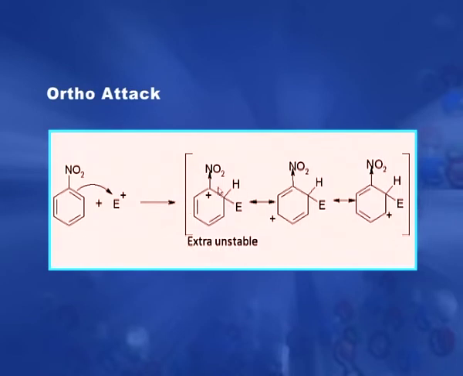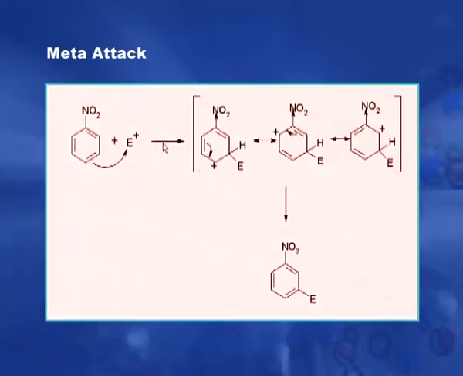So, the contribution of this structure towards resonance decreases. So, out of these three, one is less stable. But if we see the meta attack of an electrophile, these three resonating structures are formed, but none of these is extra unstable. All these three contribute equally towards resonance.